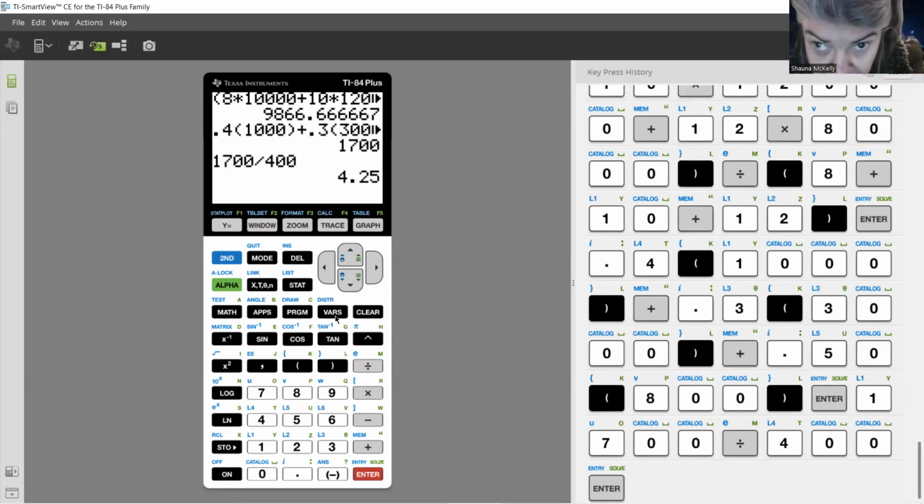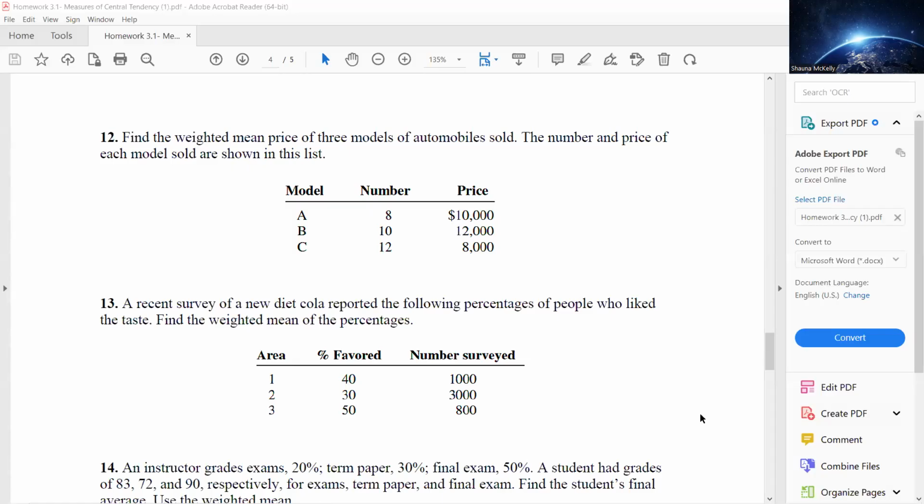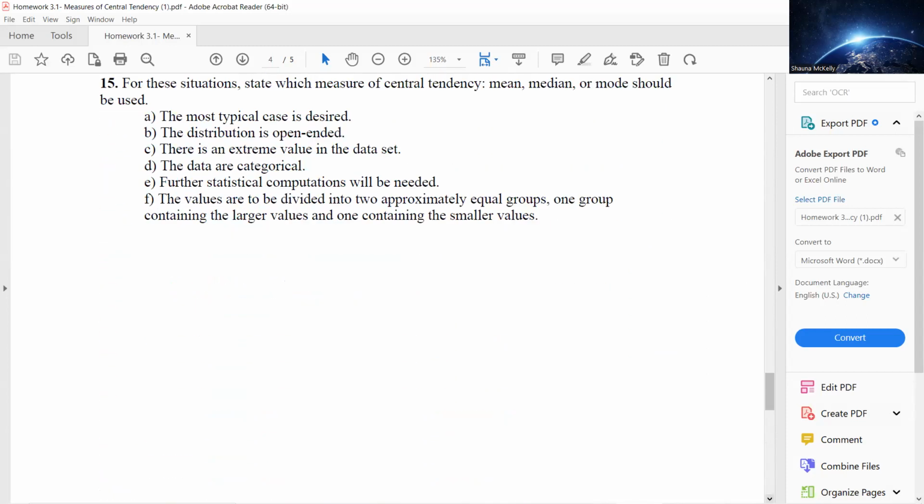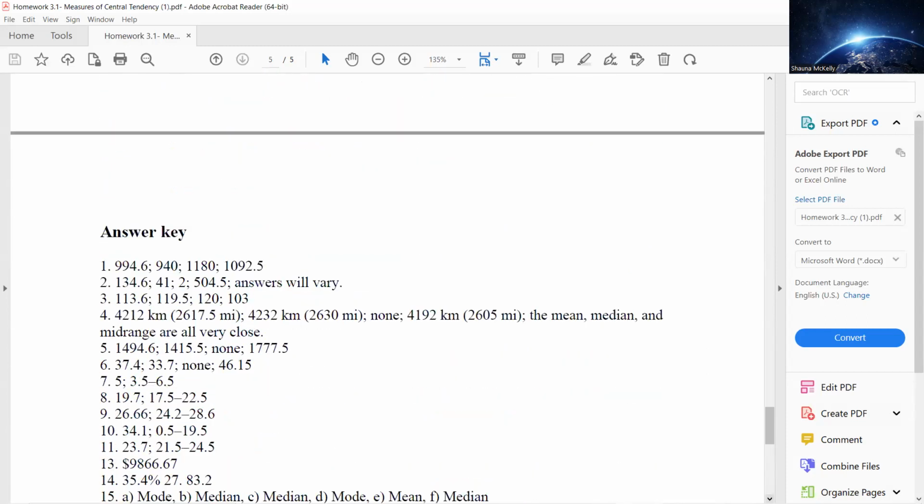So let me see if that's the answer they have in the, let me see if that is it, because it makes me slightly suspicious here. So, scroll down, that was 12.